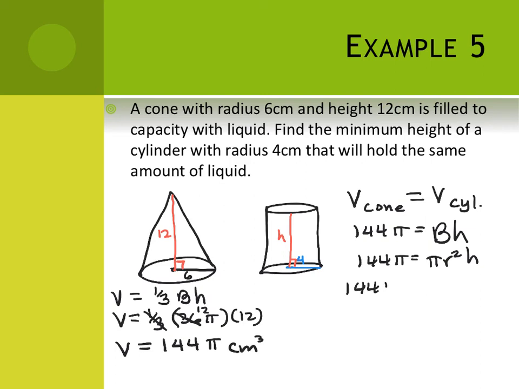So 144 pi is equal to 16 pi, and I don't know the height. Divide both sides by 16 pi to isolate the h. The pi's cancel, and 144 divided by 16 is 9. So the minimum height in order to hold the same amount needs to be 9 centimeters.